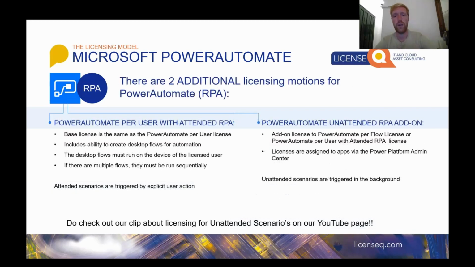Now there's 2 additional licensing models here that use robotic process automation. And the first one is PowerAutomate per user with attended RPA. It's the PowerAutomate per user license, I should say, but you can buy it with attended RPA.